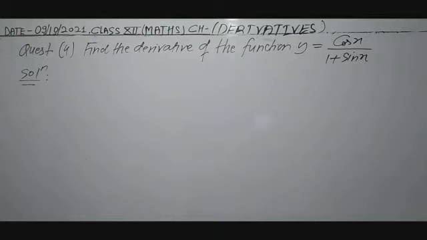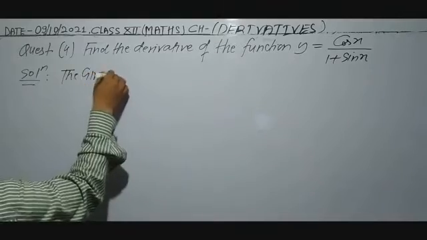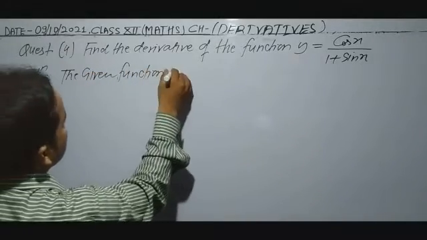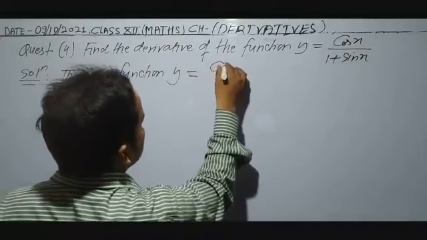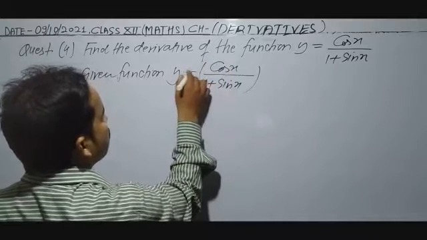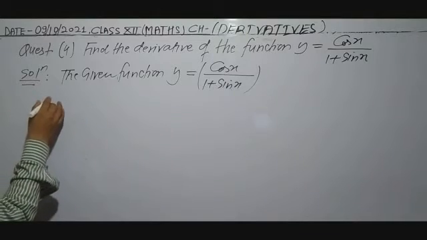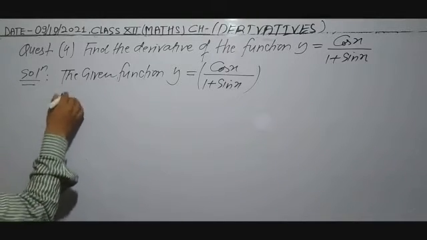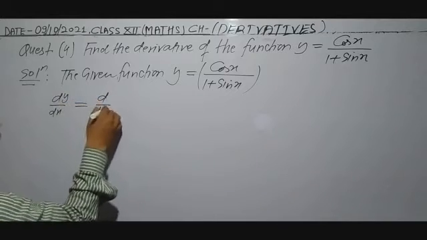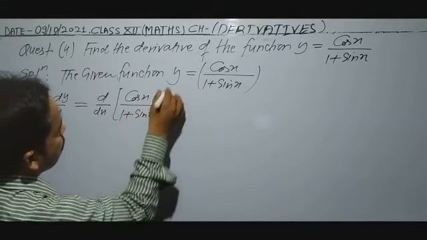Now see, the given function y is equal to cos x whole upon 1 plus sin x. Now we are going to use the chain rule or quotient rule. So when you operate d by dx on both sides, dy by dx will be d by dx of cos x whole upon 1 plus sin x.